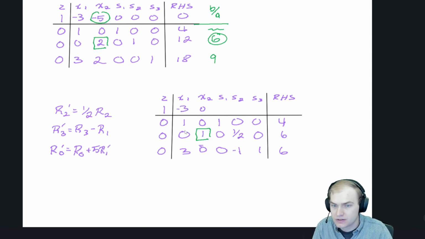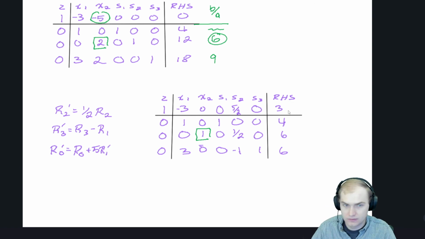So -3 doesn't change because of that 0. -5 turns into 0. 0 is unchanged. 0 plus 5 halves. 5 times 1/2. And then plus 5 times 6. That's 30. So there we go. We've done our first pivot.